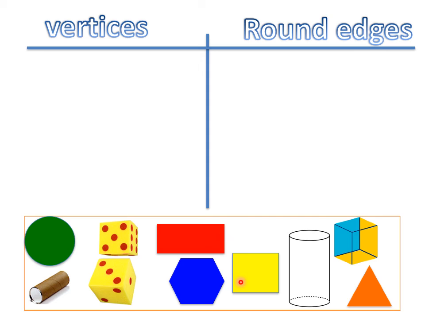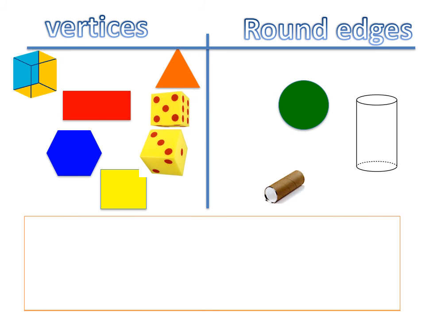Our square, and then we've got our cylinder, which has round edges. Our cube, what do you think? Correct, it's got vertices, and so does our triangle. Check your answers on the next page. How did you go?